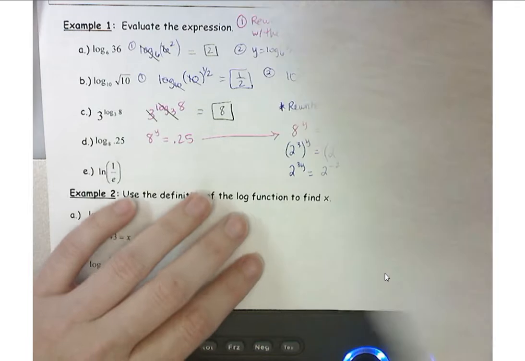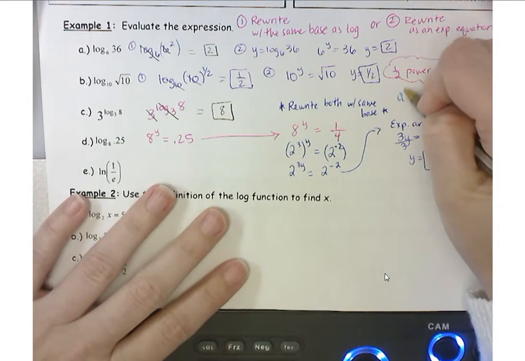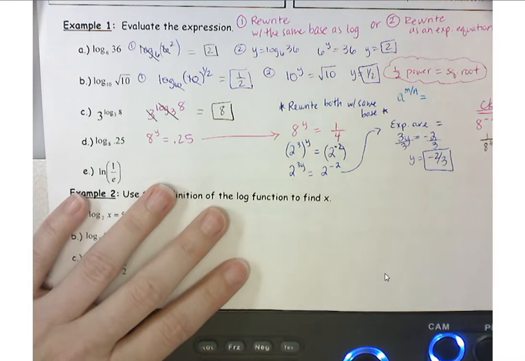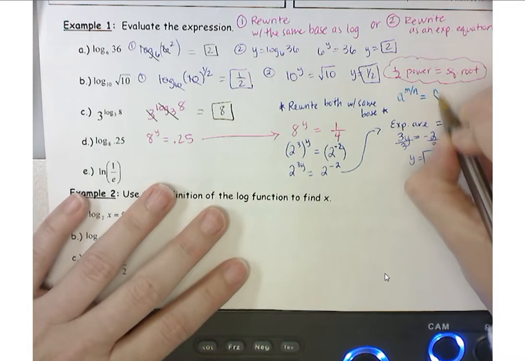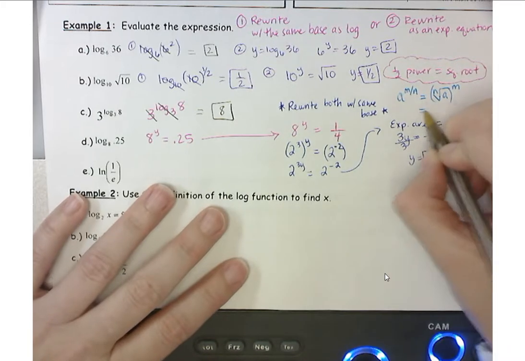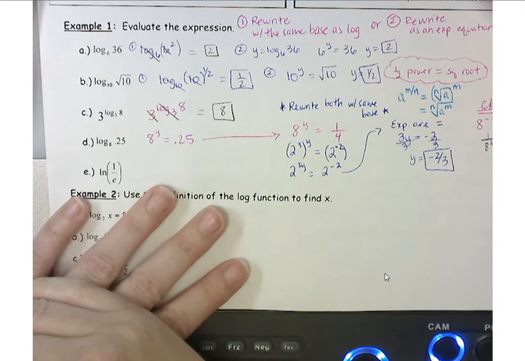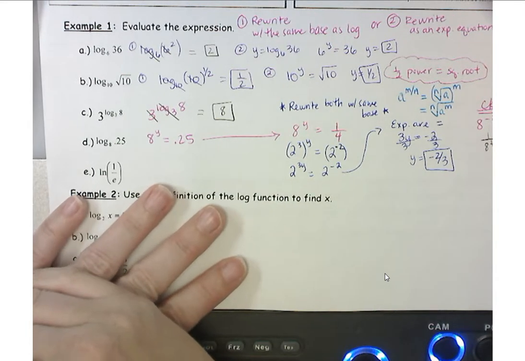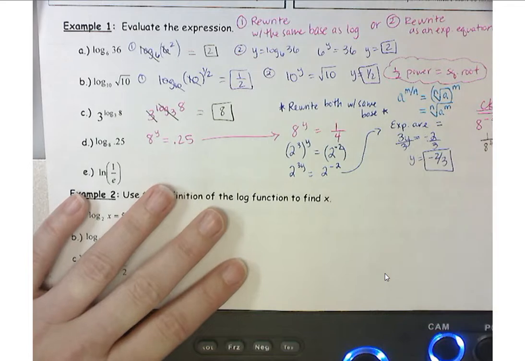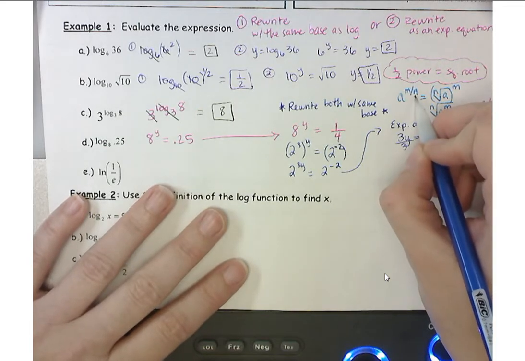So our rule that we're using is a to the power of m over n equals the nth root of a to the m power, or the nth root of a to the m inside the radical. Do you guys remember that? How do we remember it's a root, that the root is the bottom number? Roots are below the ground.